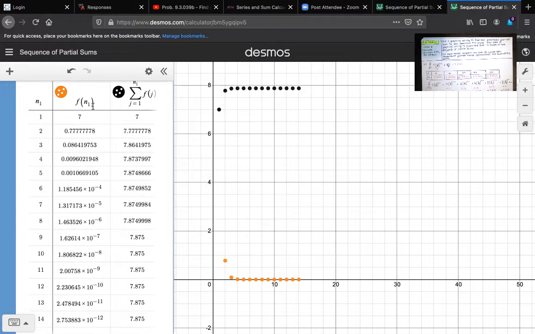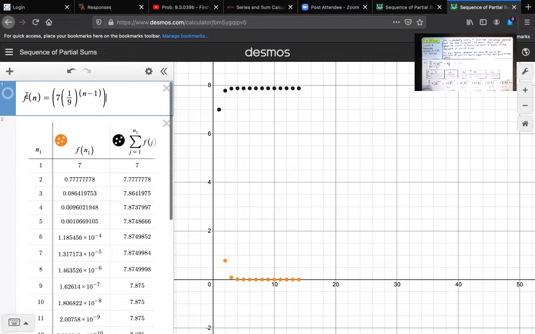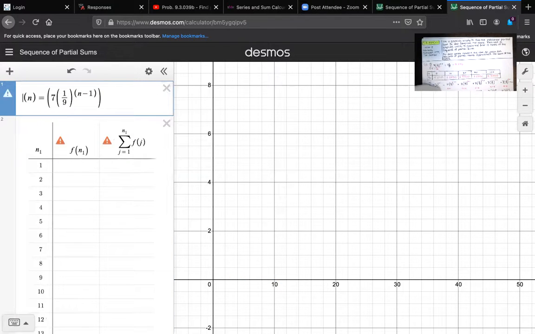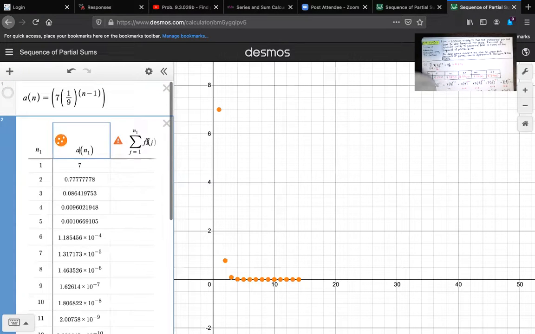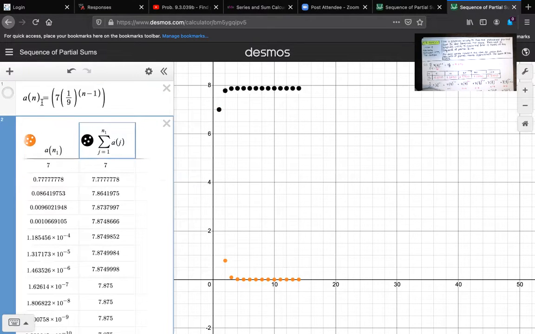So this f of n sub 1 is the nth term of the series. So it says when n equals 1, f sub 1, so that's the nth term, or normally we would call it a sub n. Maybe let's call it that. Change our labels a little bit.